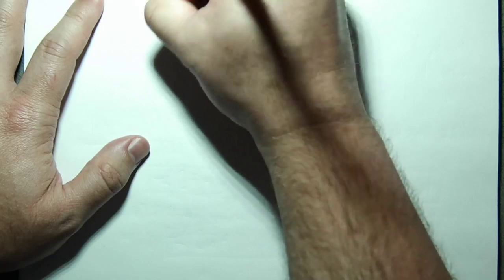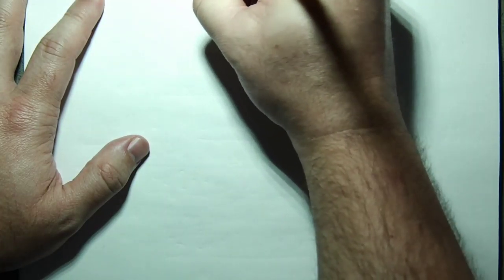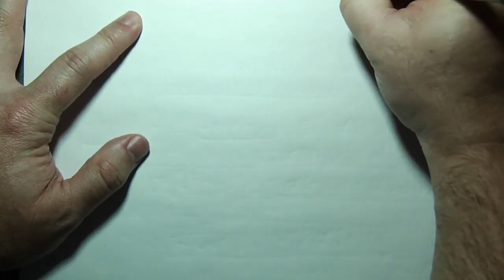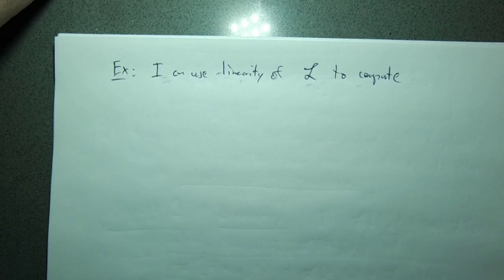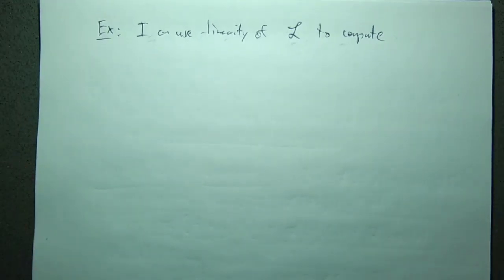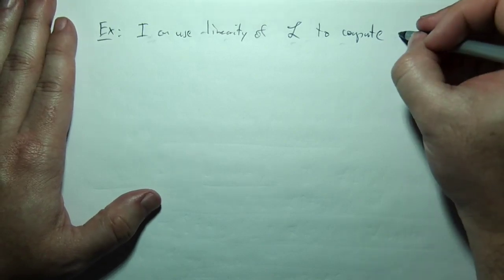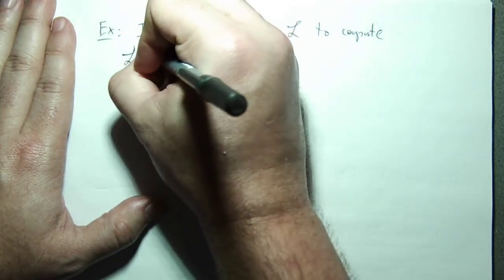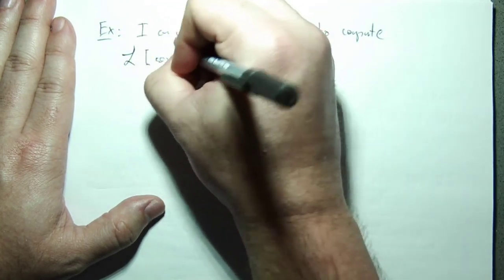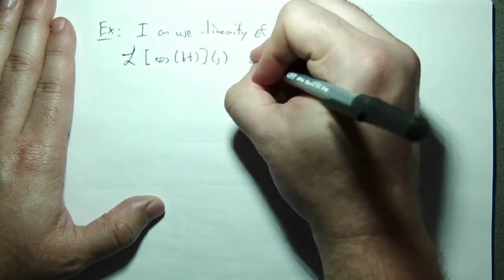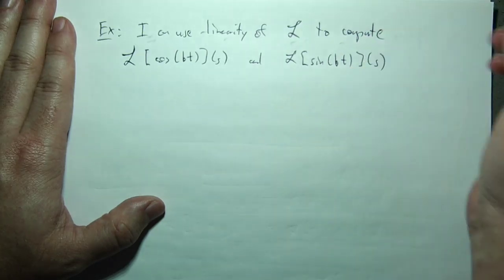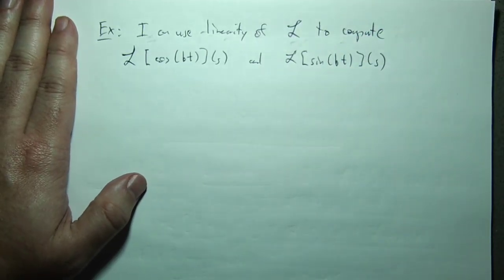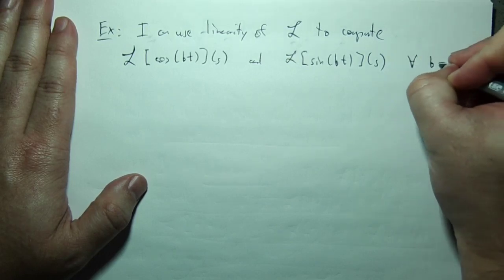I can use linearity of the Laplace transform to compute the Laplace transform of cosine of bt and the Laplace transform of sine of bt, for any b not equal to 0.